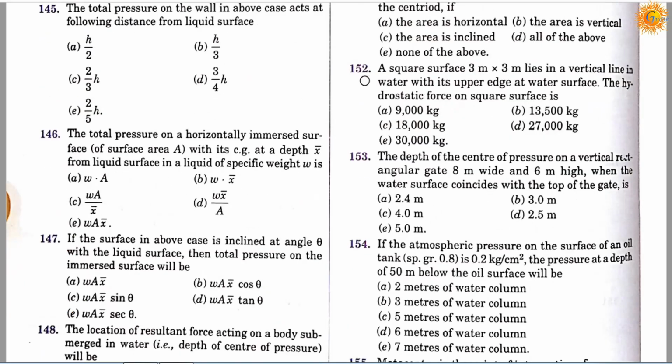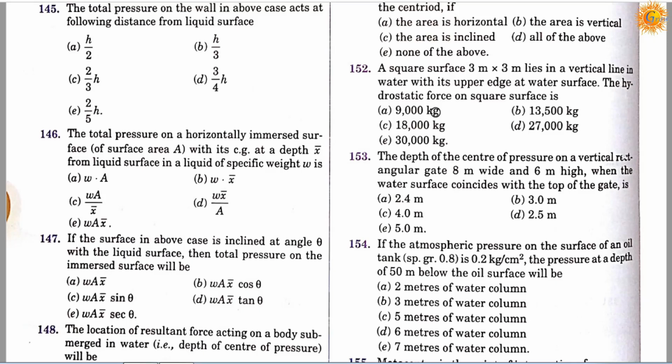Question number 152. A square surface 3 meter into 3 meter lies in a vertical plane in water with its upper edge at the water surface.